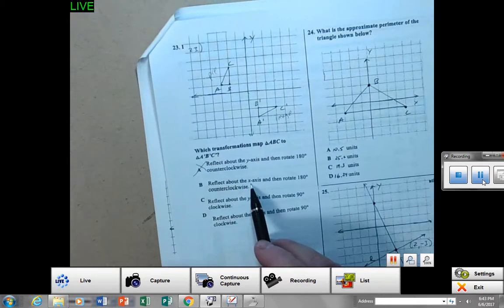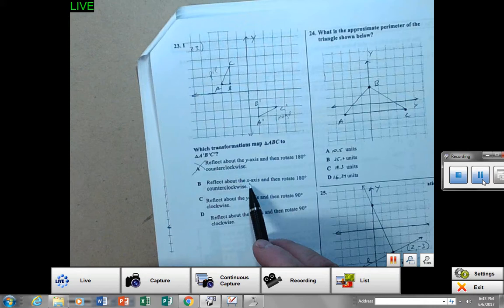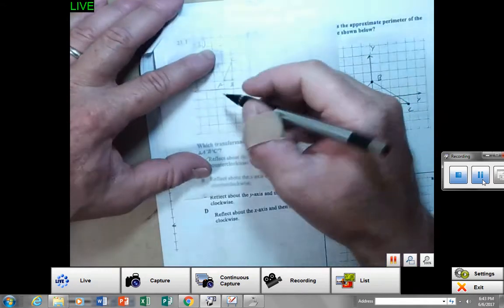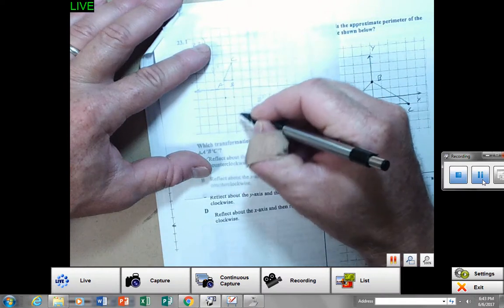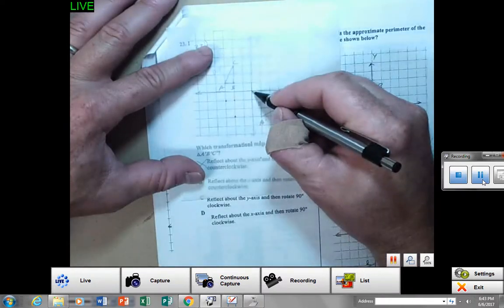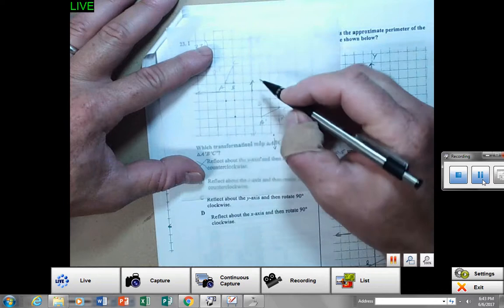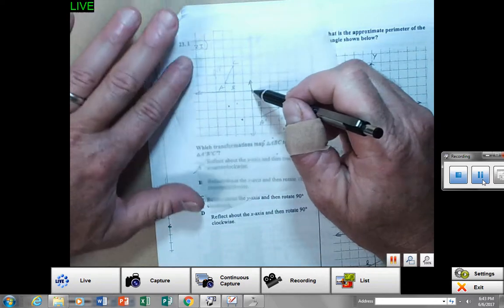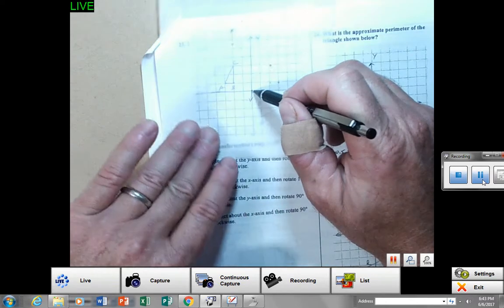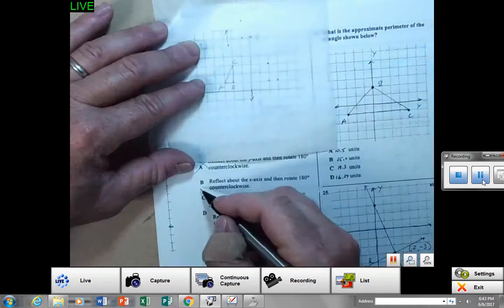Reflect across the x-axis and rotate 180 degrees counterclockwise. So this time I'm going to reflect it across the x-axis, right there, and rotate it 180 degrees counterclockwise. So here we go. There's 90 degrees. Nope, not 90. Oh no, that's no good.